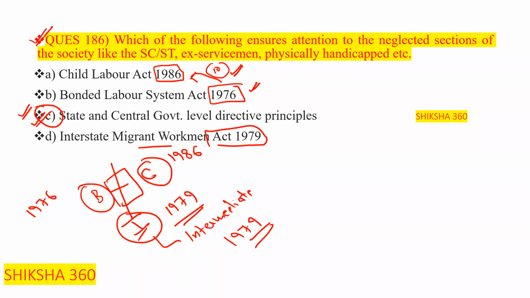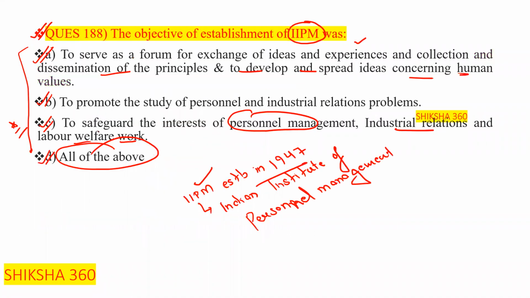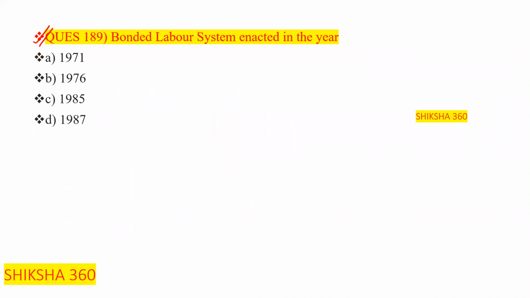Please remember these 3 years, because we expect a 1 mark question in the examination. So the correct answer is the Bonded Labor System Act enacted in 1976. Option number B is the answer. Hope now all of you are able to remember all these things.